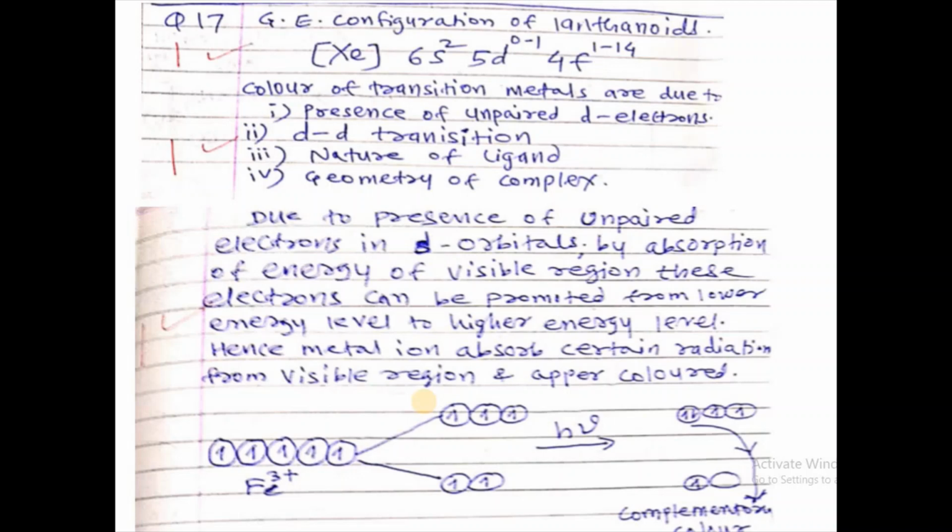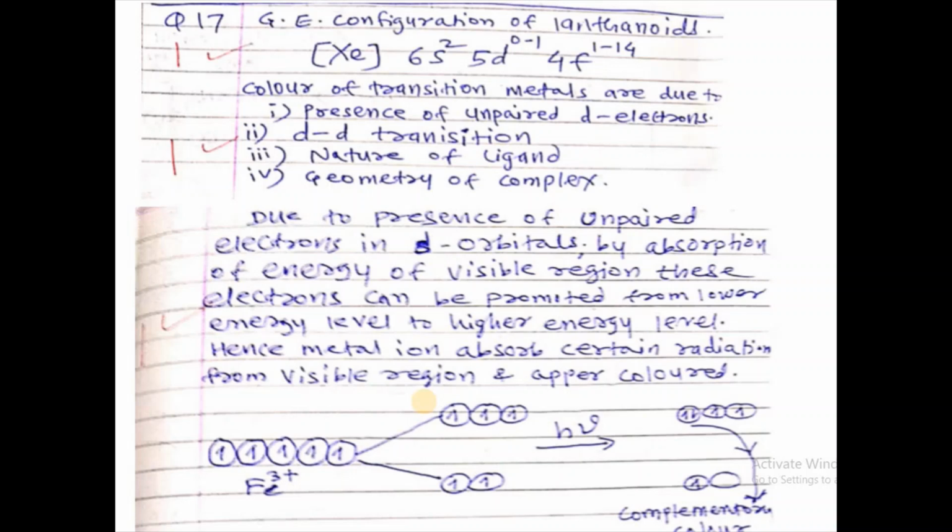No, the question is about the color of transition metals, not inner transition. The f-f transition is not required. It is the d-d transition for the transition elements, because the configuration of lanthanides was asked, and the color of the transition metals means the d block elements. The d-d transition depends on the nature of the ligand and the geometry of the complex, but the d-d transition is responsible for the color.